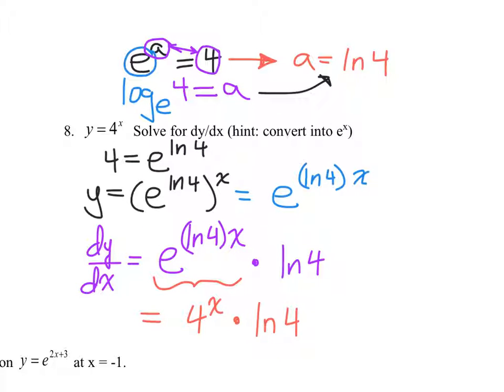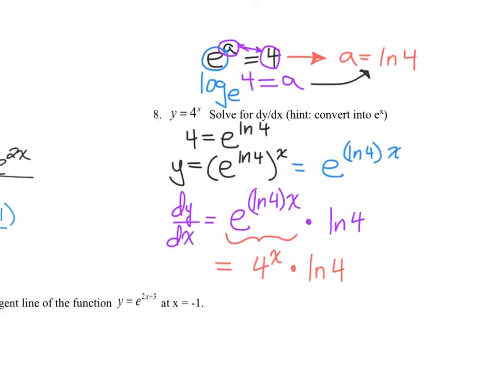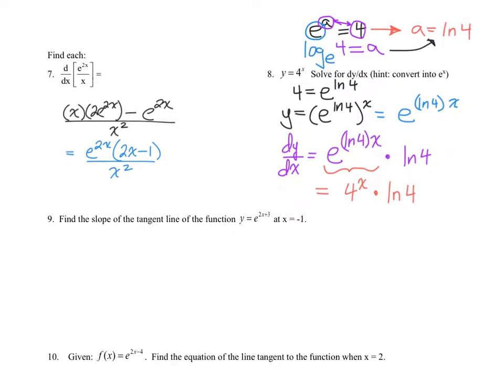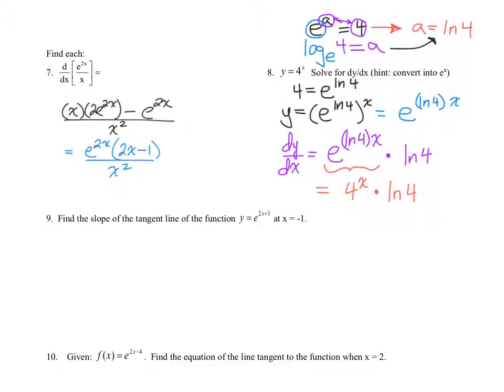We have a simpler form of the derivative, and also the basis of a rule. Because if you compare our derivative to what we started with, actually not too different except for the ln of 4.